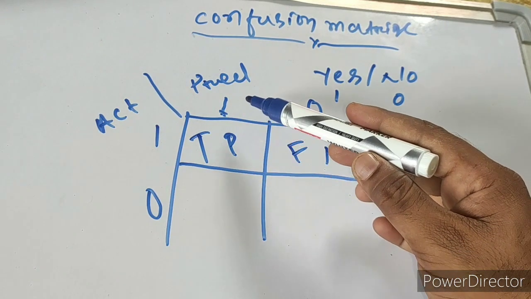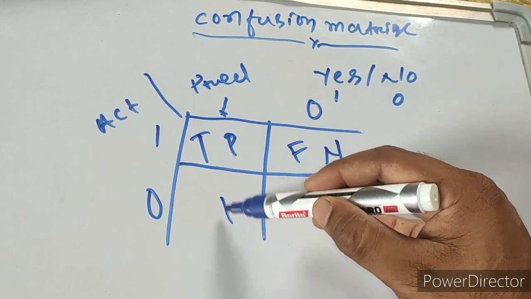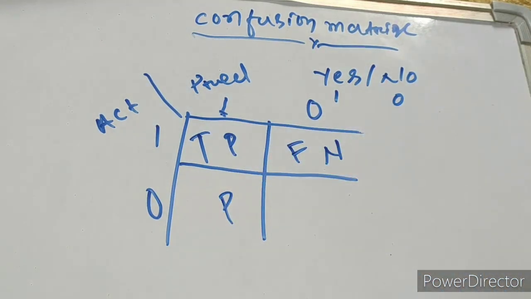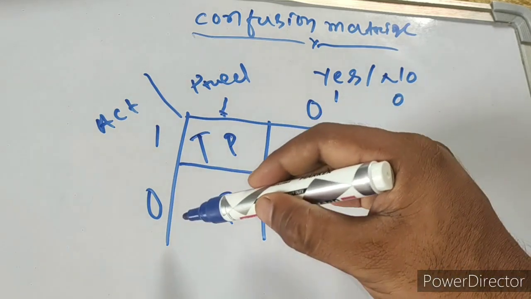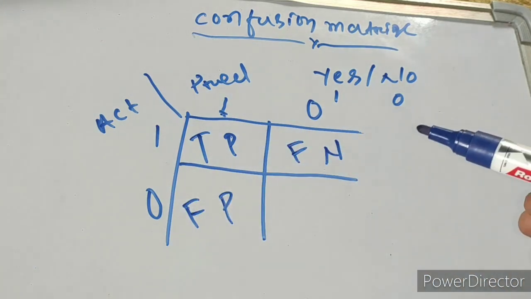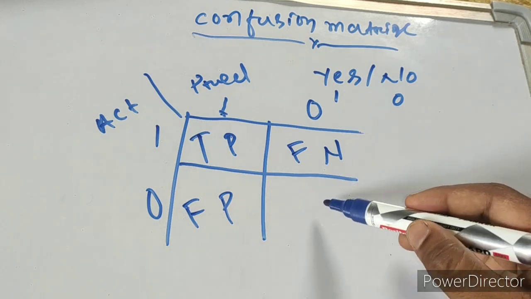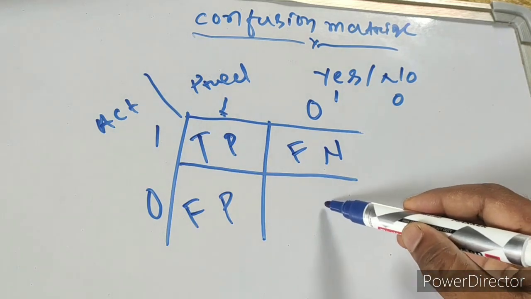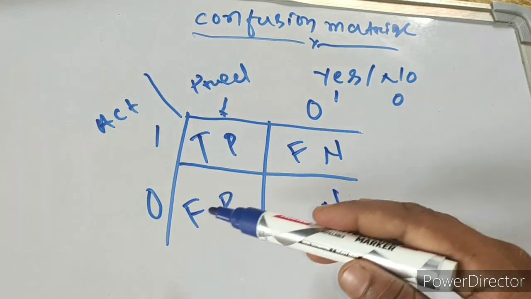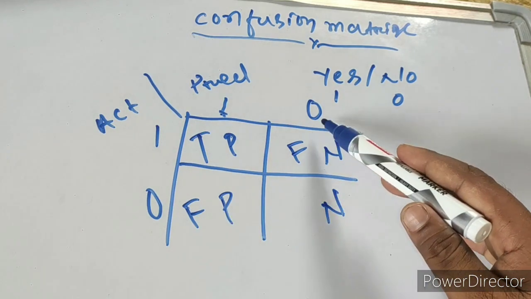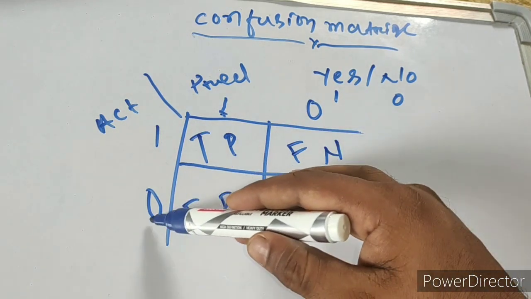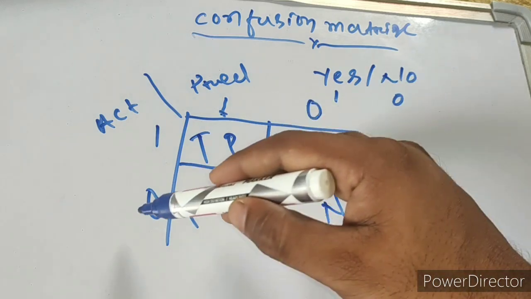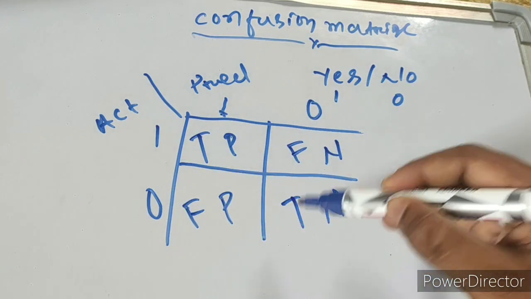When we are predicting 1, predicting positive, and that is also false, it means it is a false positive. Like that, when the value is considered as no or negative and actually it is 0, negative, it means it is true.